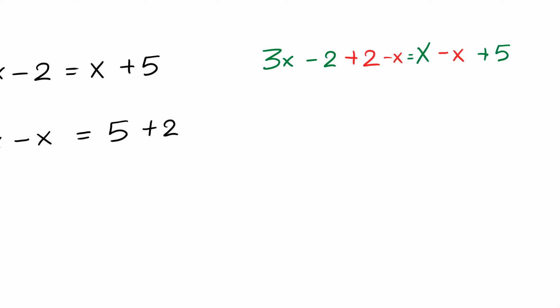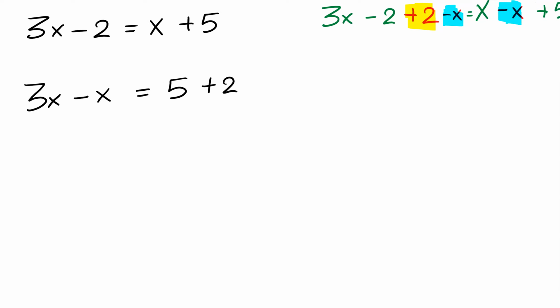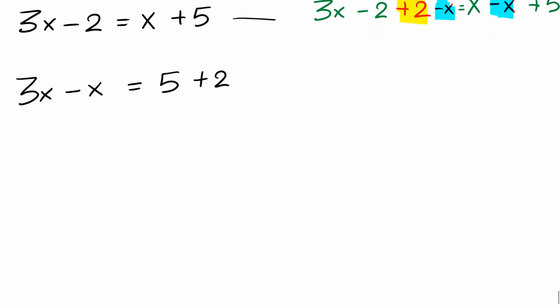And because we're adding 2 over there, we add 2 on this side as well. So this is the 2 added over here, and the x's subtracted over here. So whatever you do to the left hand side, you do to the right hand side. Whatever you do to the right hand side, you do to the left hand side. That's why I just skipped that step and went straight down to this.